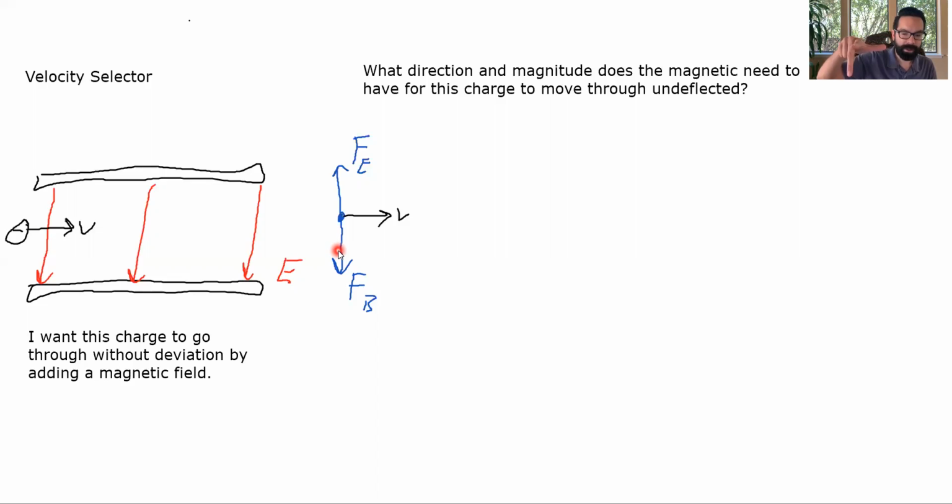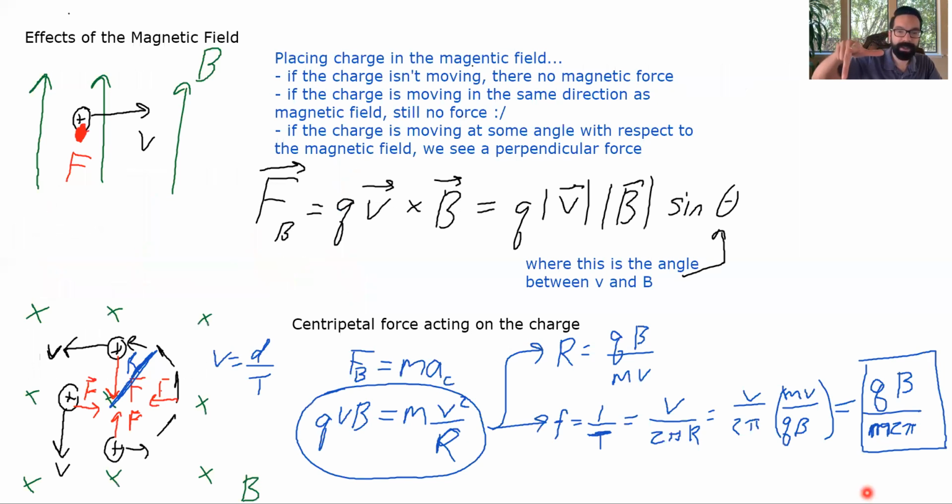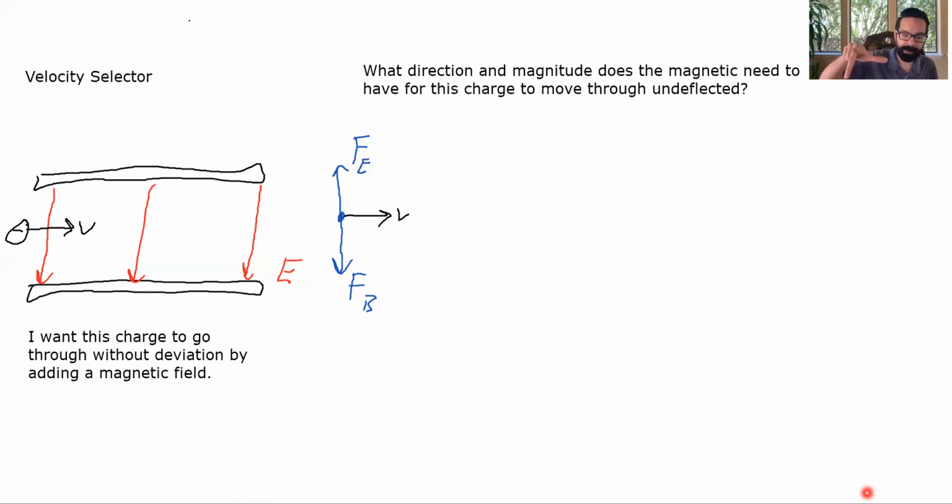Now the problem with this is that we're talking about a negative charge, and if you go back to our equation, you have qvB, and that q is not an absolute value. If you have a negative charge, that negative is going to flip your final answer. There are a couple of ways we could deal with this.